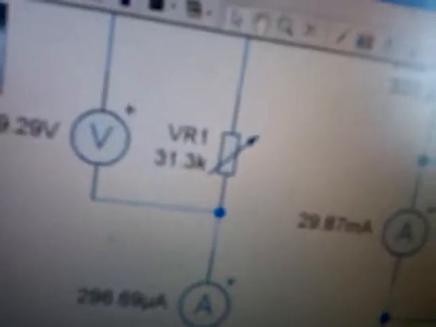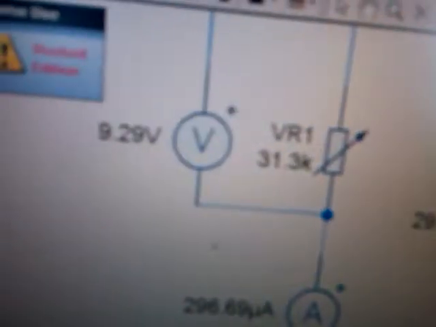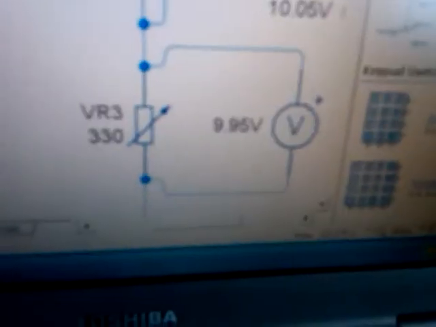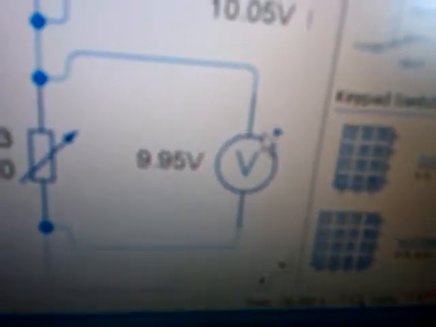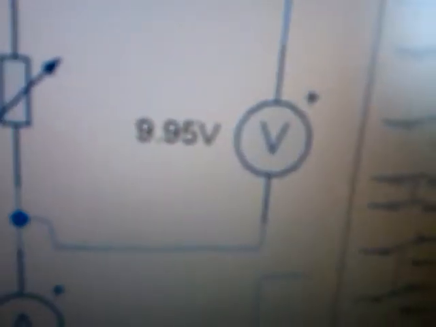Now let's start the simulation. Now we can see our VB is 9.29 volts. Remember, our VS is still the same. The voltage is 9.23. VE is also equal, as you can see, 9.95, and our VC also is 9.95.